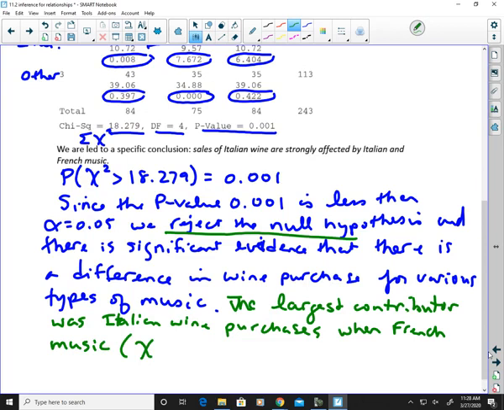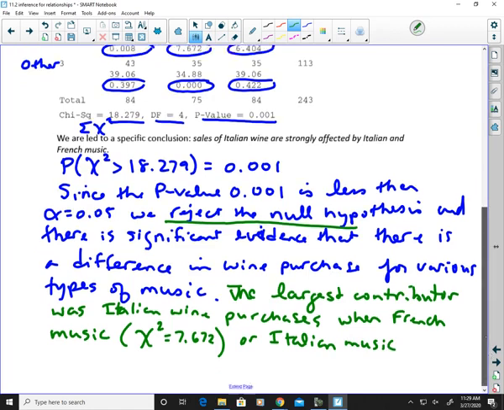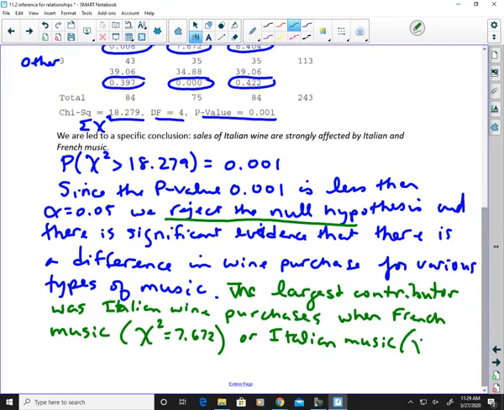Chi-squared for French music, Italian wine, the chi-squared was 7.672. Or when Italian music was being played, I put the chi-squared in there. I want numbers to give me an idea of what we're really talking about.